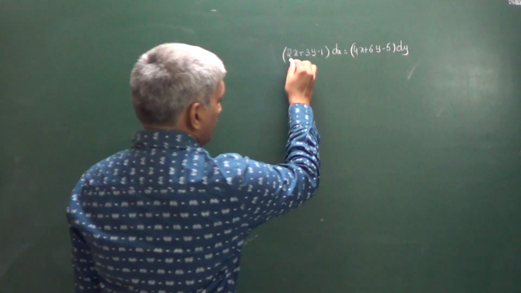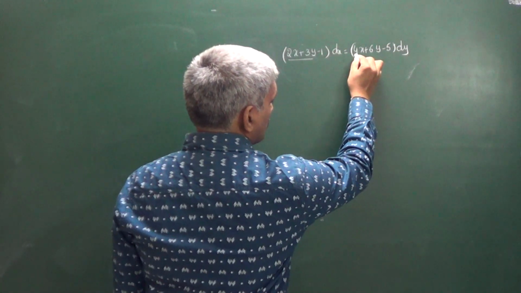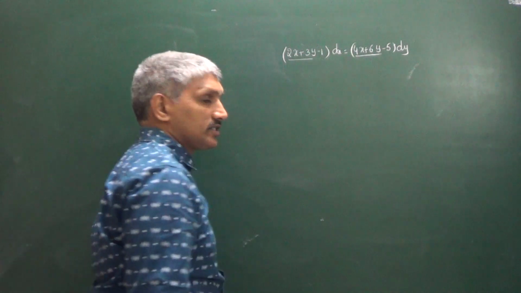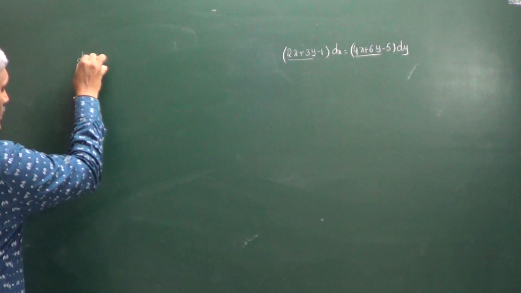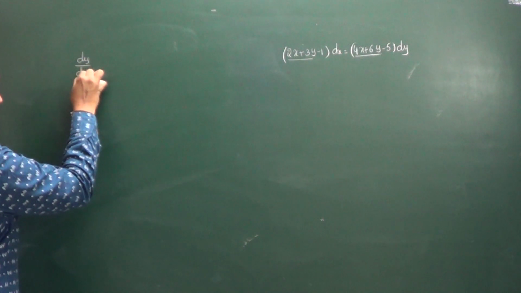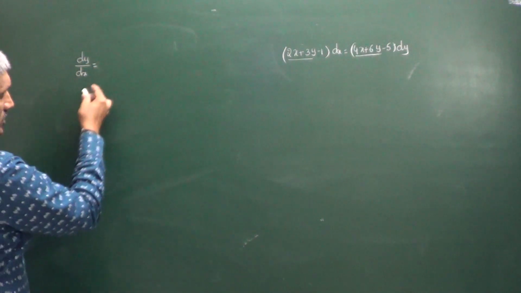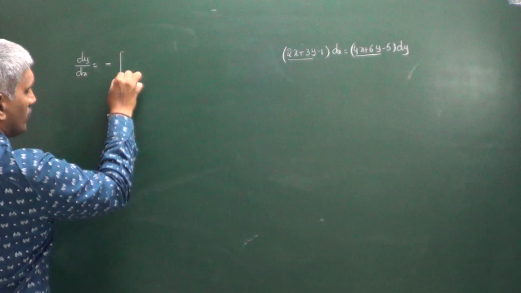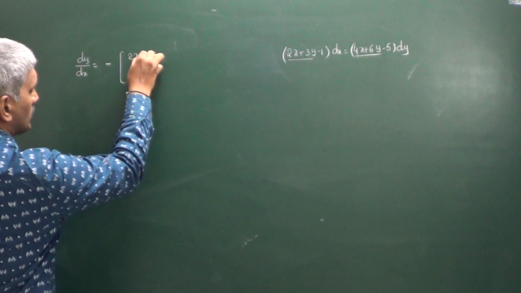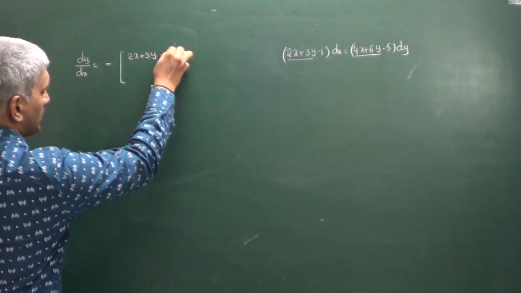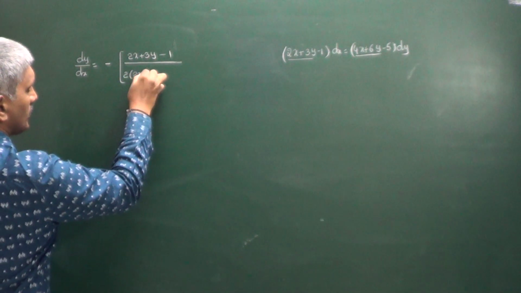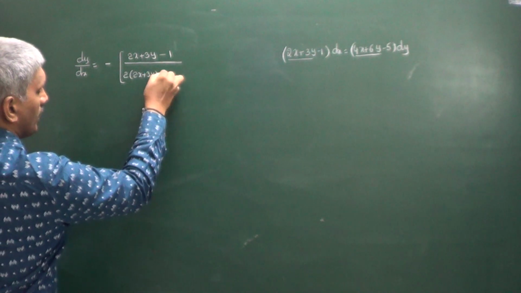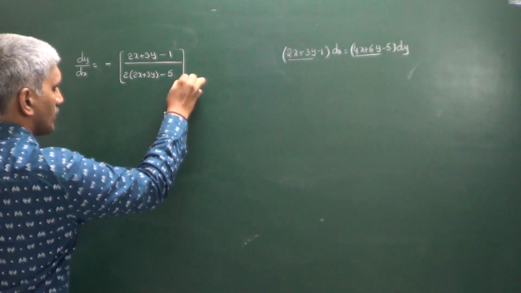Observe here, 2x plus 3y. Here also if you take 2 common, 2x plus 3y, right? So the given question we can write in this way: dy by dx is equal to minus of 2x plus 3y minus 1 divided by 2 into 2x plus 3y minus 5.